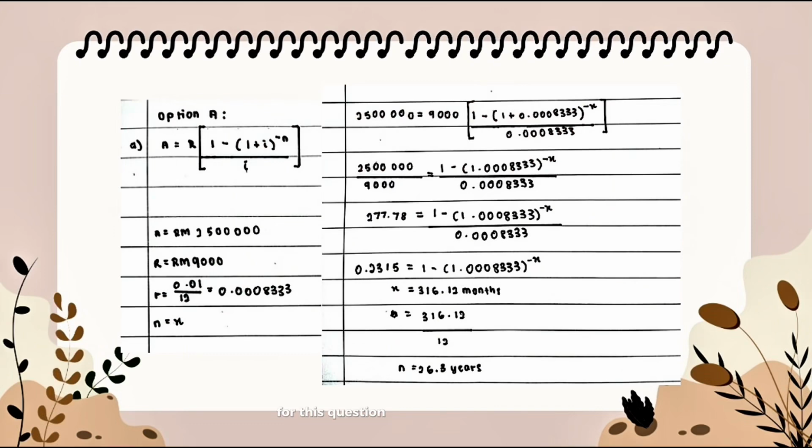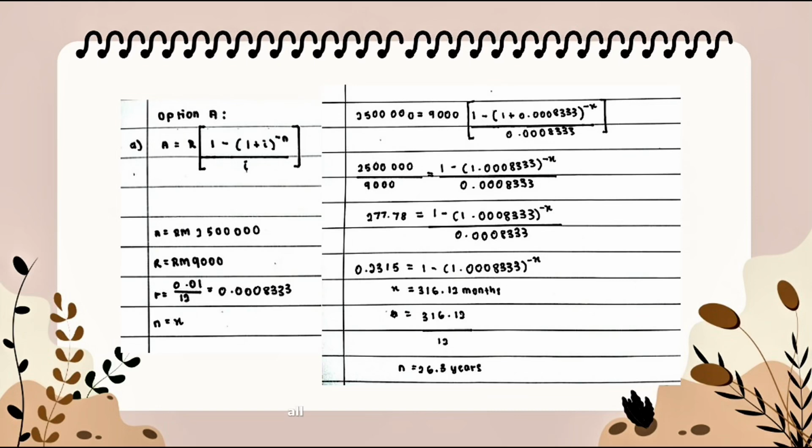For this question, we use the present value formula, which is A equals R(1 minus (1 plus i) to the power of negative n) divided by i. All the information was already given in the question except for the number of payments. That's what we're trying to find here.